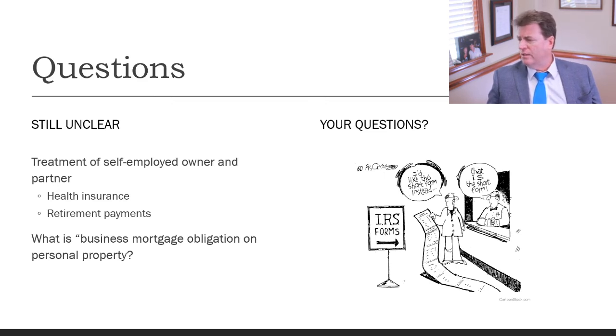And there's another thing that questions have come out on, and I see I forgot a quotation mark, but it says under the mortgage obligations, business mortgage obligations on personal property. To me, a mortgage usually means that it's tied to real estate, and it does mention real estate.